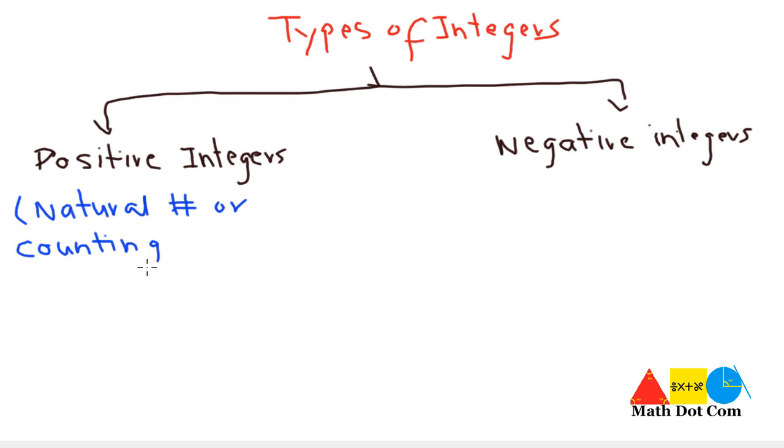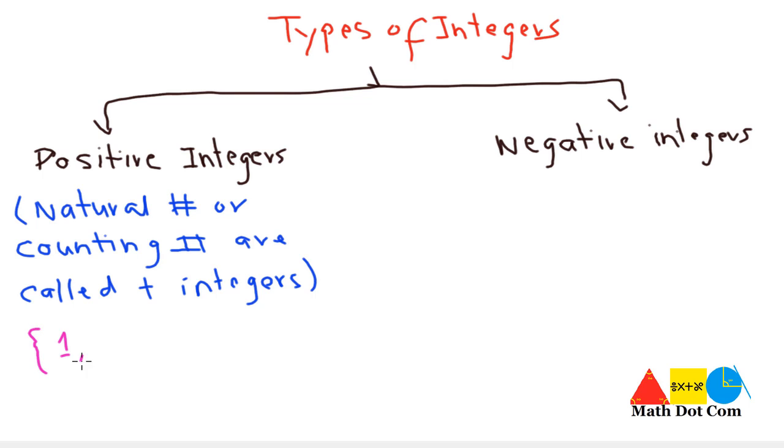Counting numbers are called positive integers. Positive integers can be written as 1, 2, 3, 4, and so on.